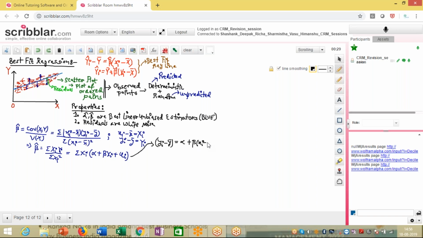So this is the regression written in the deviation form. What I'm saying is that if xi is linearly related to yi, then its deviation form is also linearly related to its dependent variable. So it is yi minus y bar equal to alpha plus beta xi minus x bar plus ui minus u bar.